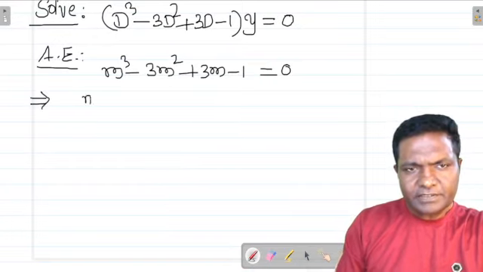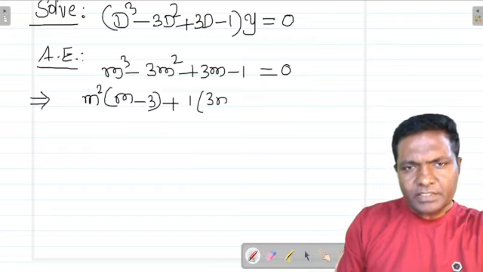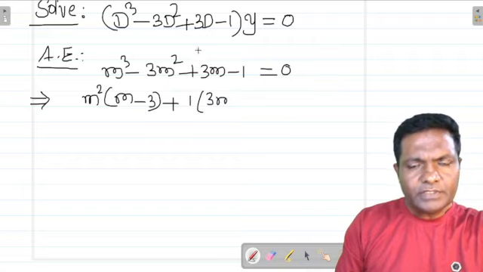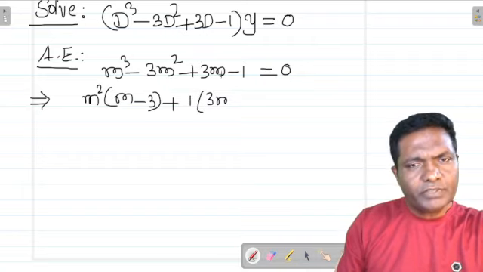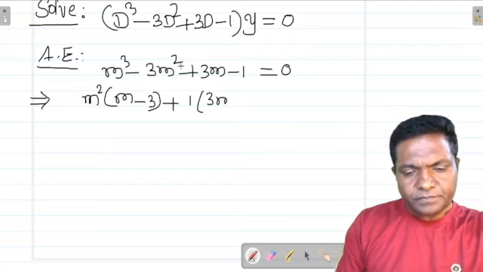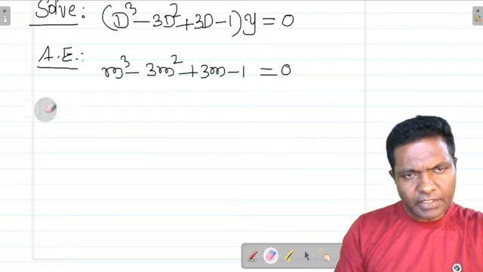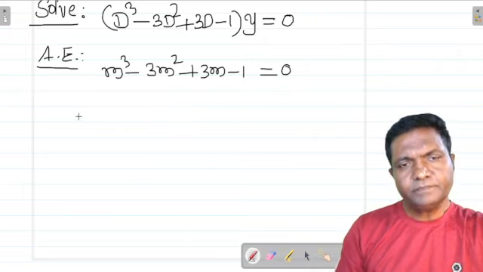If you take m square common from the first two, you're left with m minus 3. From the next two, if you take 1 common, you will remain with, let me do it once again. We'll do it in another way by synthetic division.